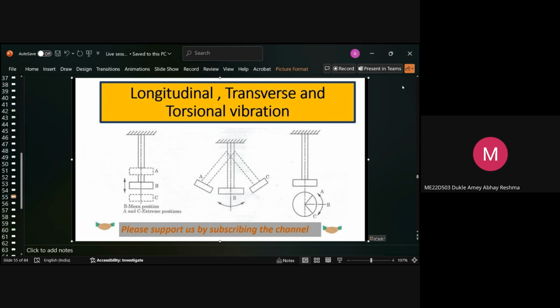You can see it in a car spring or in your pen spring, the click type of pen. Once you press it, obviously it's constrained, but the motion you can see is about one single axis. That is called the longitudinal vibration.